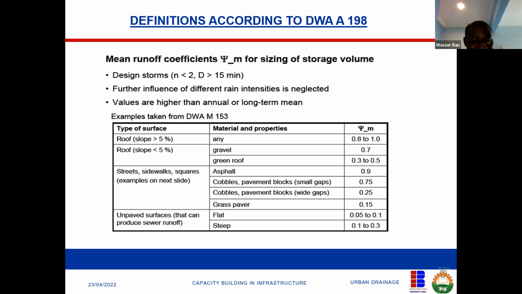But if I'm designing for a local or rural area, I'll use a low design period. If I'm designing my system to withstand normal storms, I can use 2 to 5 years. But if I'm designing to withstand floods, then I'll be using something like 20 to 25 years.